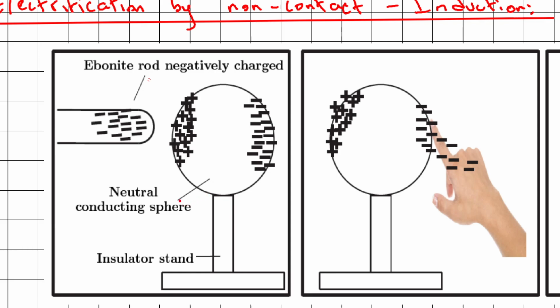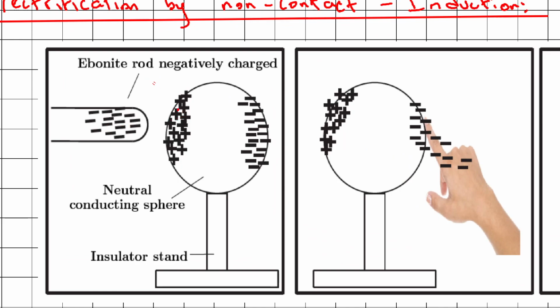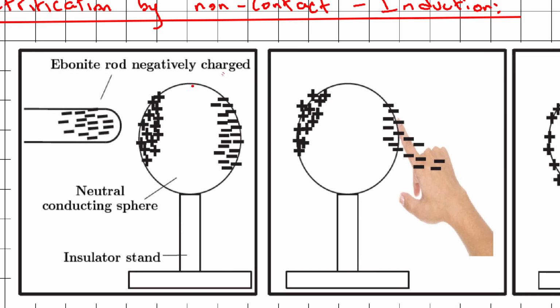Now we know that plus and minus attract, so opposite charges attract, like charges repel. Because the rod is negatively charged, it's gonna attract the positive charges. So the positive charges will accumulate here, and the negative charges will accumulate here. Now one can ask, since positive charges don't move, how are they gonna accumulate here?